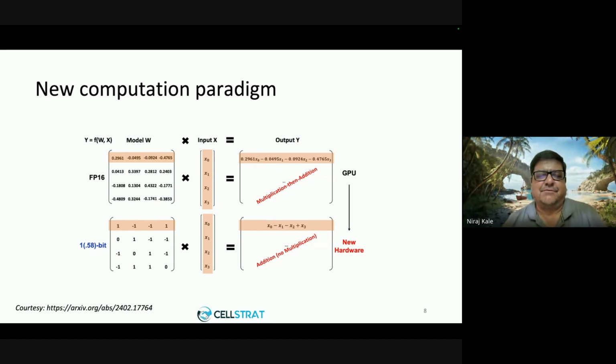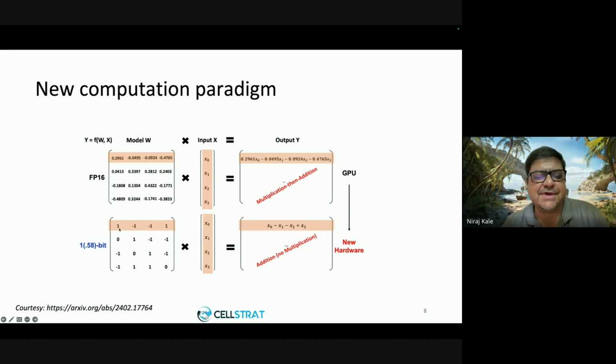First of all, why do we need multiplication in a matrix multiplication? If we have some input x and some matrix parameter 2.96, then we get the output as 0.2961 times x0 plus the second parameter 0.0495 times x1. Like that we get a matrix output, right?